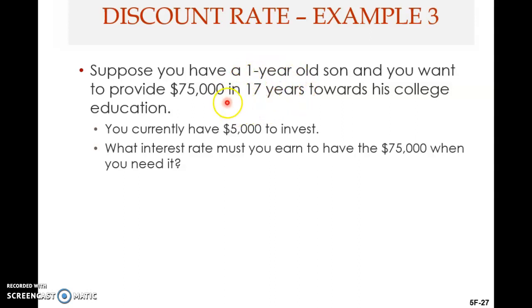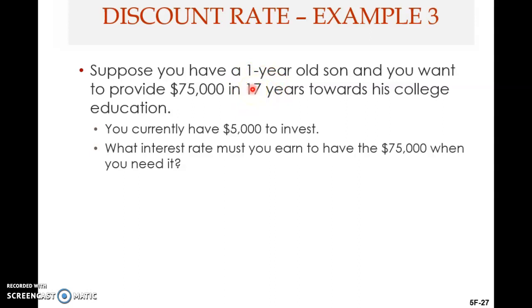Therefore, times 0 to end of year 17. Again, look for the 3 known elements. What are the 3 known elements? First, 75,000. This is future value, because this is the value after 17 years. The second known element is the term, 17 years.